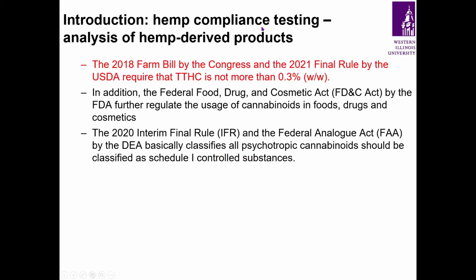Hemp compliance testing can also refer to the analysis of hemp-derived products. The 2018 Farm Bill by the Congress and the 2021 final rule by the USDA require that total content of THC is not more than 0.3%. And additionally, there are other regulations to follow.